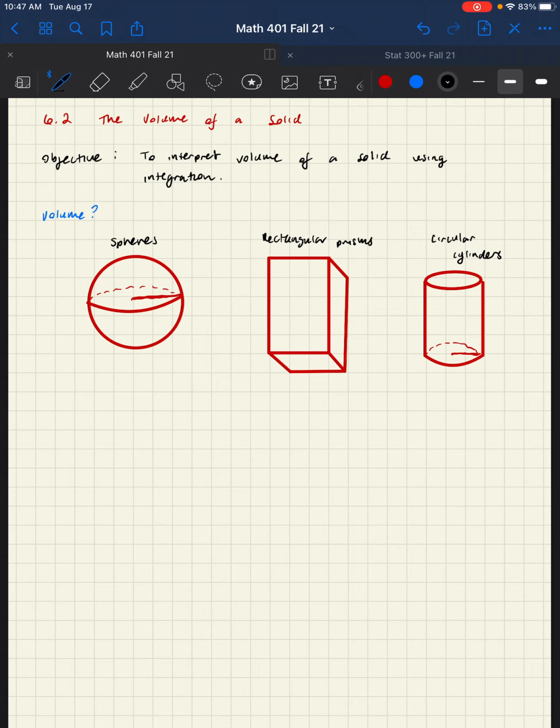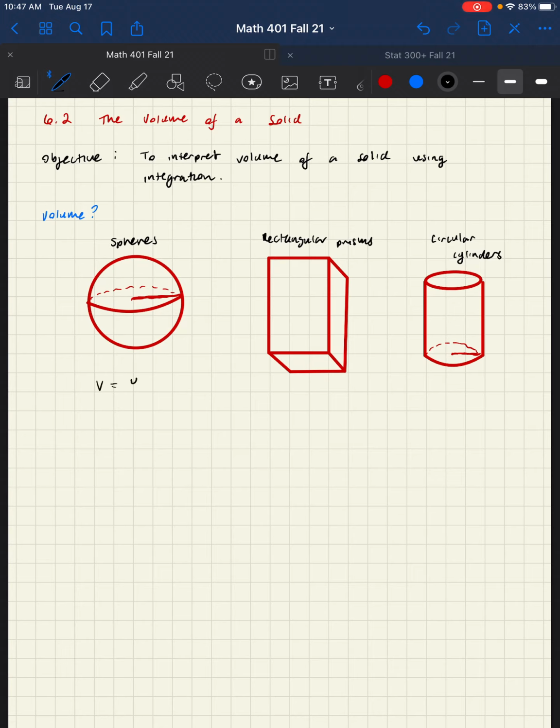Without getting too conceptually deep into it, we understand that they have units that are length cubed. So, for instance, a sphere might be measured in terms of cubic centimeters, or whatever unit you specifically are talking about. Now, understanding volume, the space that it occupies, we usually think about just the formulas that define these quantities.